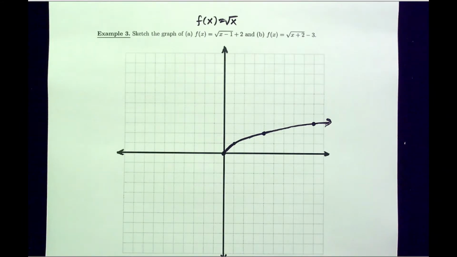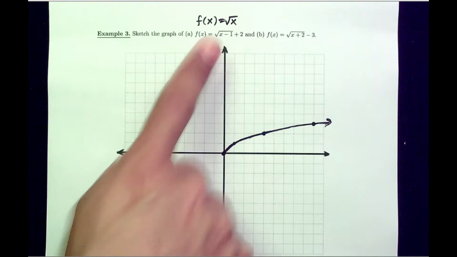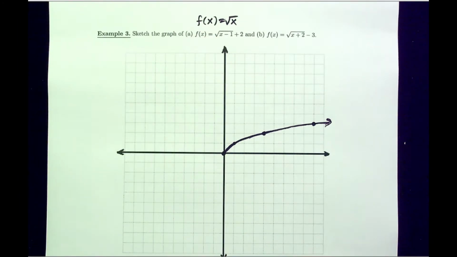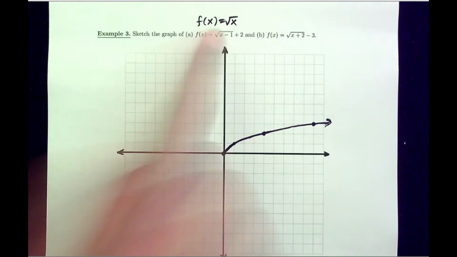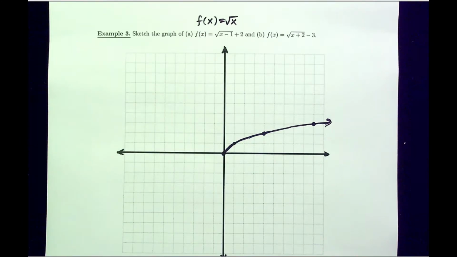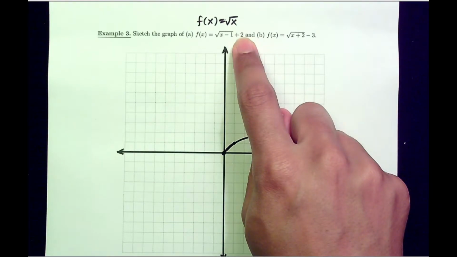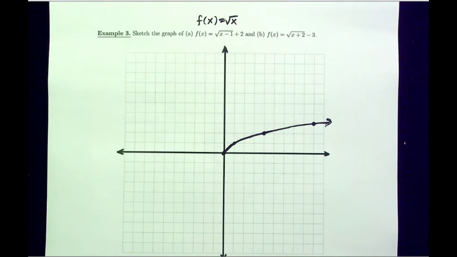All right, now we're going to sketch the graph of that. And remember what I said, there's two modifications, one horizontal and one vertical. The horizontal one is the one that happens inside, and it says minus 1, and because horizontal transformations move in the opposite direction, minus 1 means to the right, and then this one you move up, so you can do both at the same time.